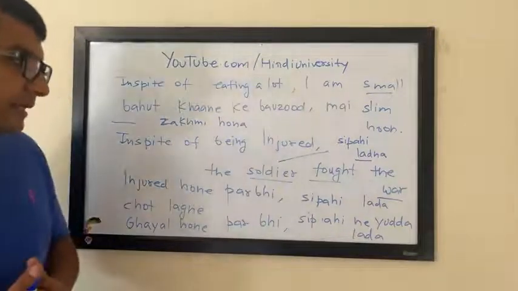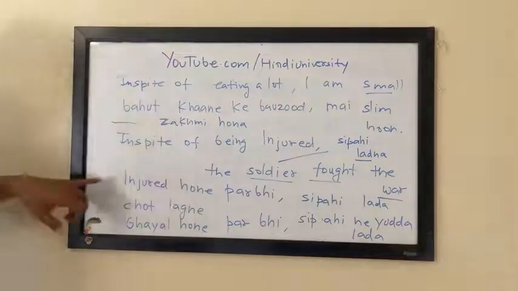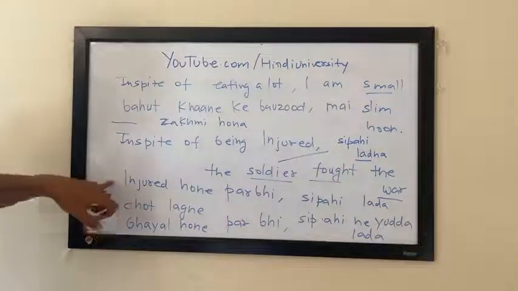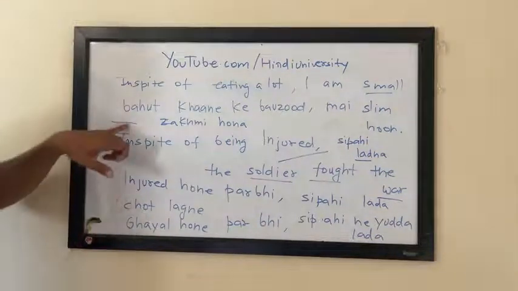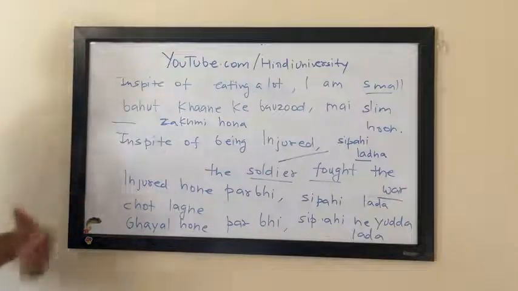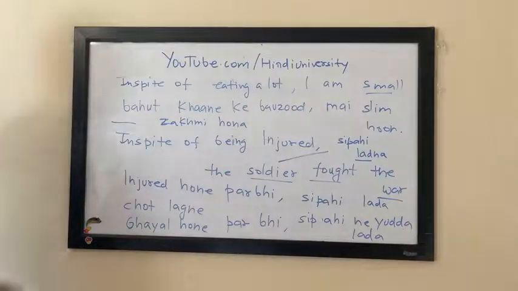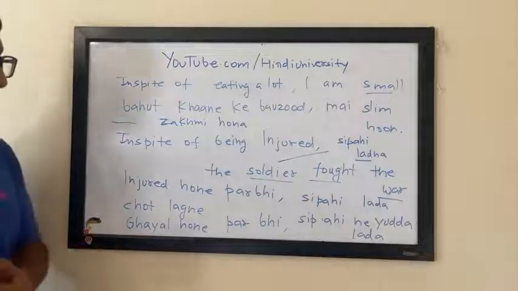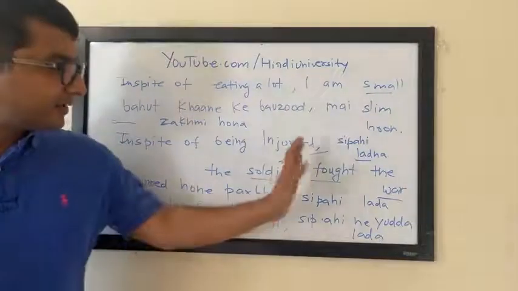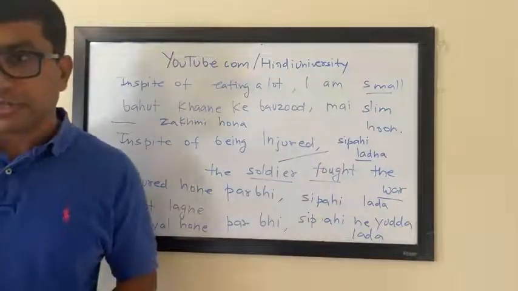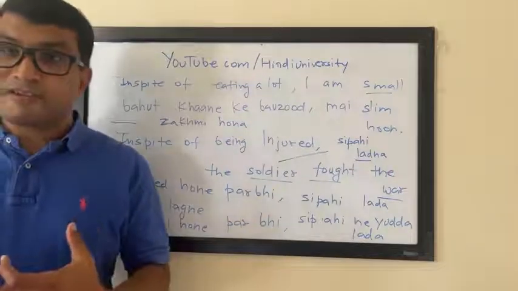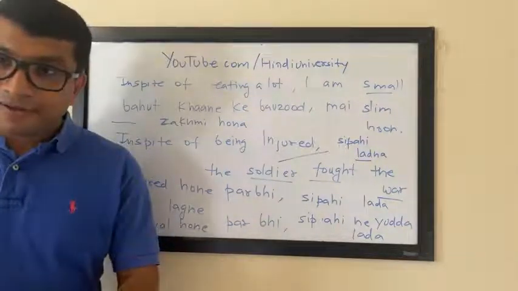But yes, it's okay to have slight variation there, but this is how you will say. Injured hone par bhi, chot lagne par bhi, or jakhmi hone par bhi, or jakhm lagne ke baavjood, or gayal hone par bhi, sipahi ne yuddh lada. Second part you can feel free to make changes. But in essence, to summarize, today we learned par and bhi.